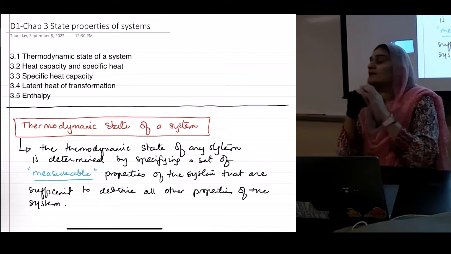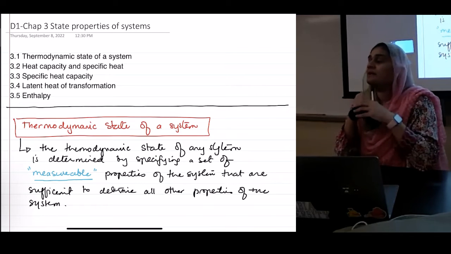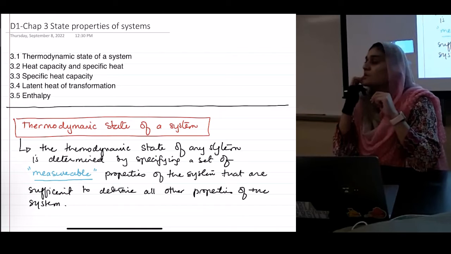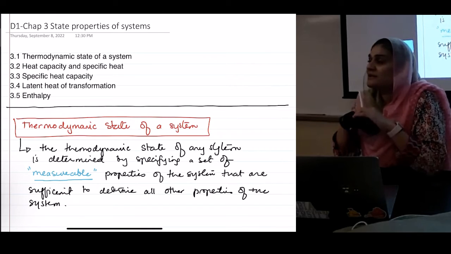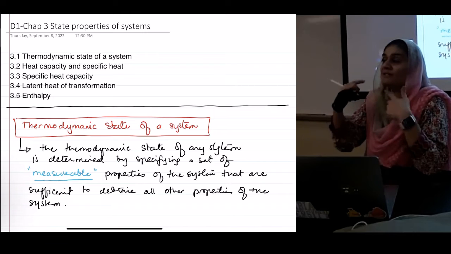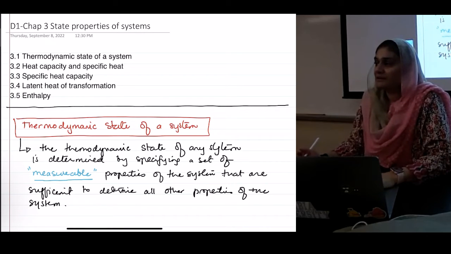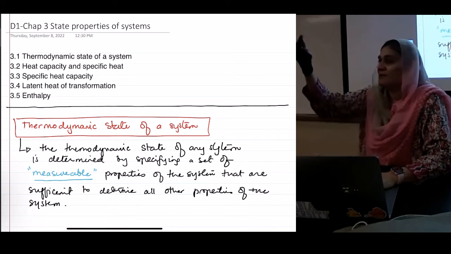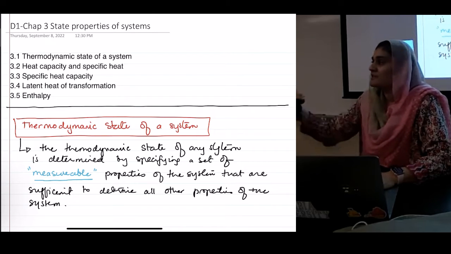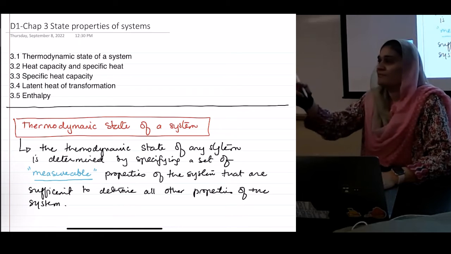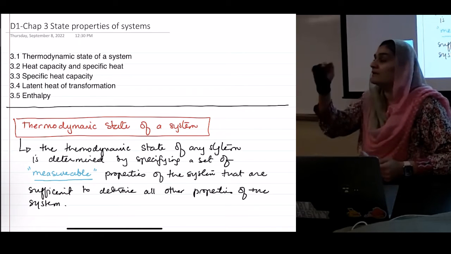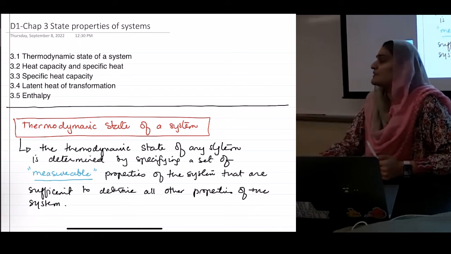So since we are in thermodynamics, what do you think those measurable quantities could be? Temperature. But what is the measurable quantity? Temperature of the room. How do we measure the temperature of this room if this is our system? Somebody said thermometer. Put a thermometer here. Read what it says. Done.